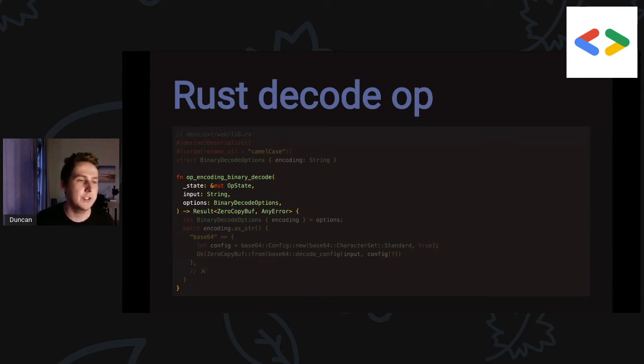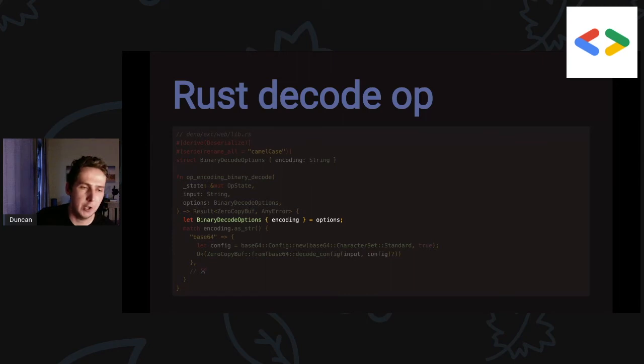And then options is we do also pass that from the JS side, and that will give the encoding that we actually want to decode from. So then it will return a result, and the bytes that we get from decoding will create a zero copy buffer from that. You'll see in a bit.